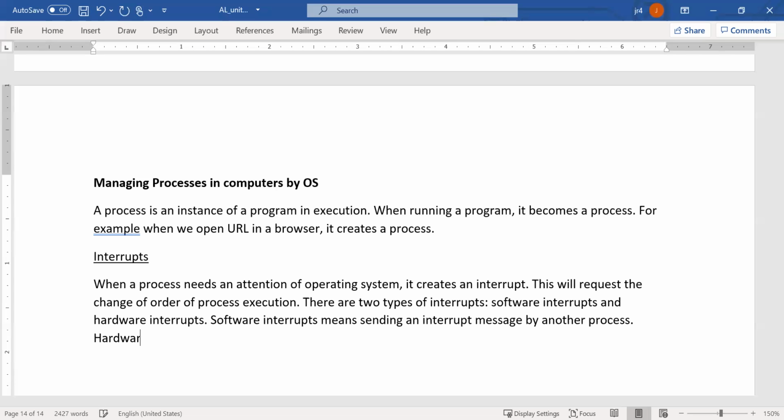Hardware interrupt means an interrupt message coming from hardware.